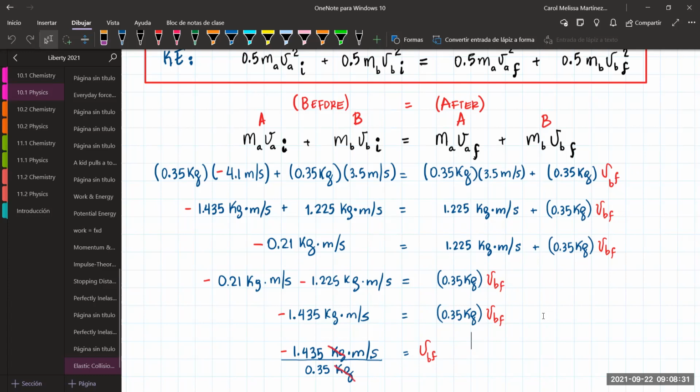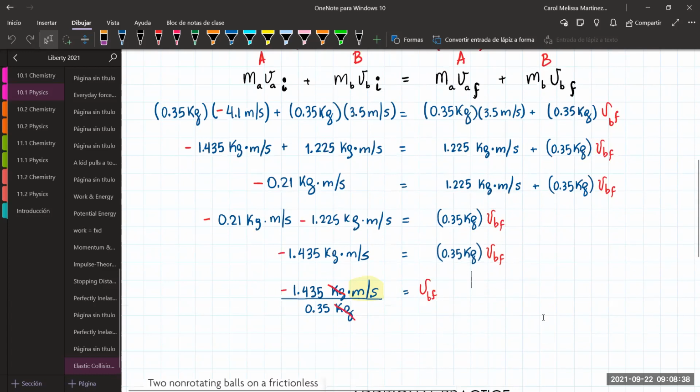The remaining unit, though, is going to be meters per second. How much is this division? Negative 4.1. Negative 4.1 is equal to my final velocity of my object B.